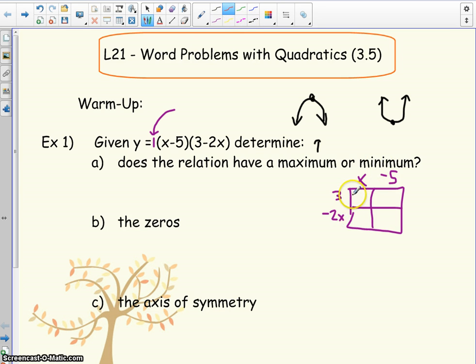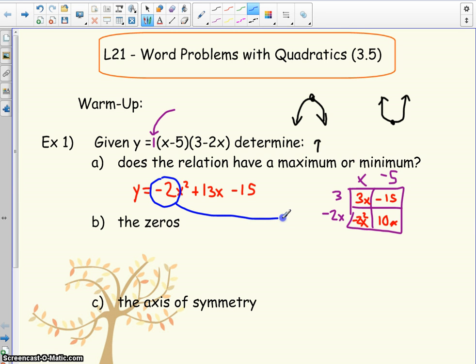Okay, you would wind up with minus 2x squared, 3x, minus 15, and then another 10x here. So you'd actually wind up, in standard form, with negative 2x squared plus 13x minus 15. So once you have it in standard form, you can very clearly see that our a value here is negative, and since it's negative, it tells us we're opening down, so we have a maximum.